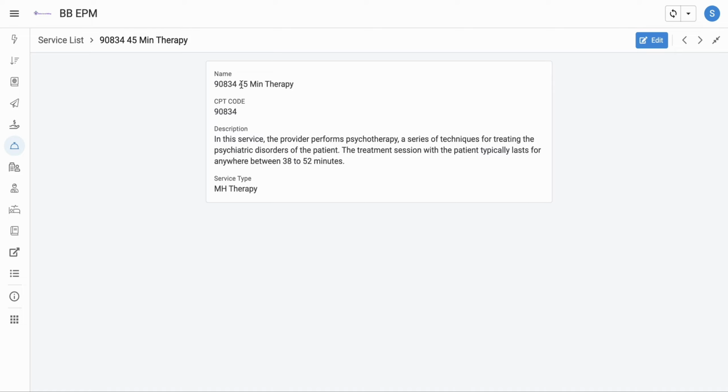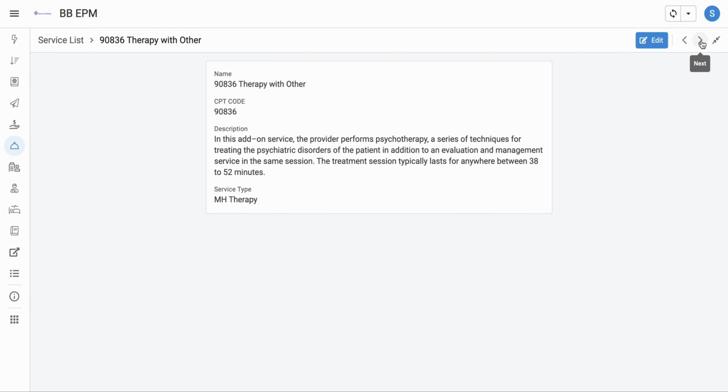Let's move on to another commonly utilized CPT code, 90836, which is a therapy with E&M. In this add-on service, so again, an add-on service is typically something that's appended alongside an evaluation and management service, the provider performs psychotherapy, a series of techniques for treating the psychiatric disorders of the patient, in addition to an evaluation and management service in the same session.